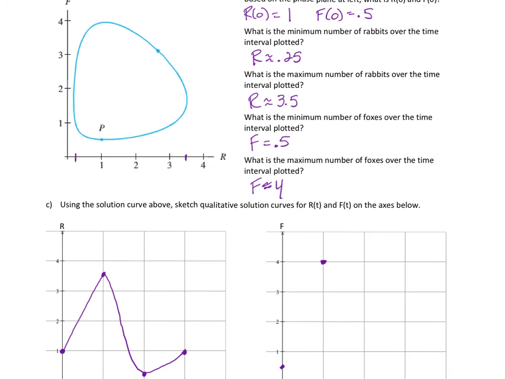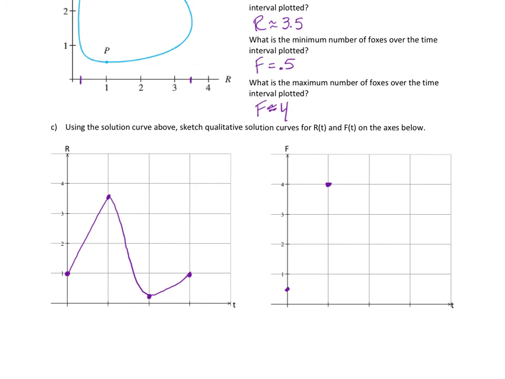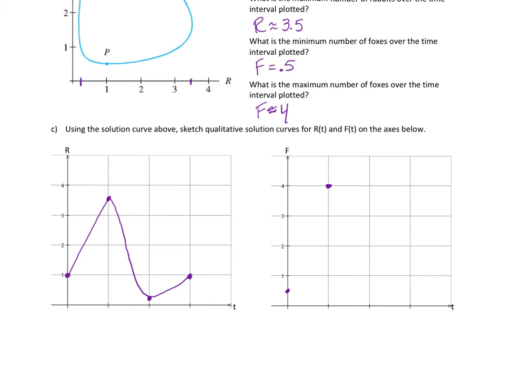So on my next spot, I'm going to put 0.5 again. And so my fox population does something like this. And really, these should have the same length of time that passed. So I might spread the foxes out over 1, 2, 3, a little bit more than that.